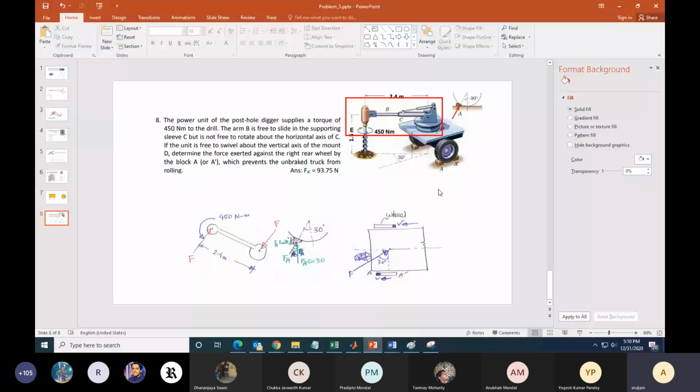So FA sin 30 and F sin 30 are parallel to each other. But the component of F will be towards the back of the vehicle. That's why I've done 2 FA into sin 30 is equal to F sin 30. Sir, F sin 30 from wheel A and wheel B will cancel out each other. No, they will add up. Both wheels will not have the same normal force. No, there is the same normal force.